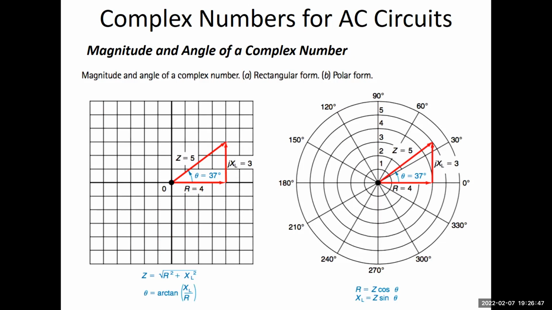Pagka isinulat natin ito, or pagka pinakita natin siya ng ganito, this form is a rectangular form. But when we show it using these circles, our impedance now is in polar form.